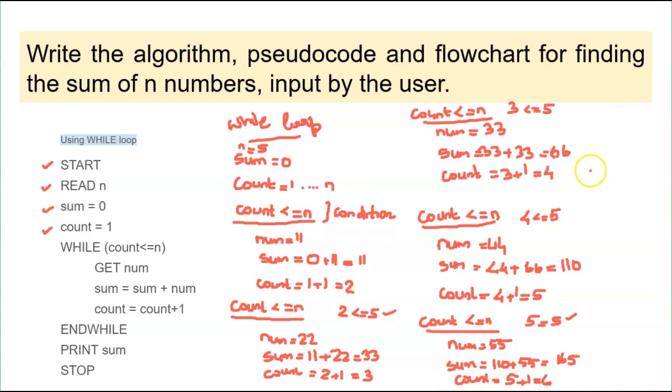6. Now the while loop again checks count less than or equal to n. So now 6 is not less than or equal to n. So it is not satisfied. So the loop is not executed.